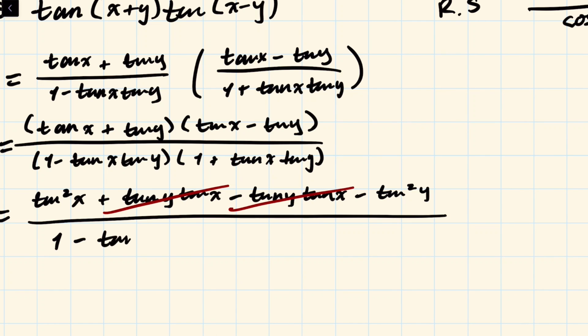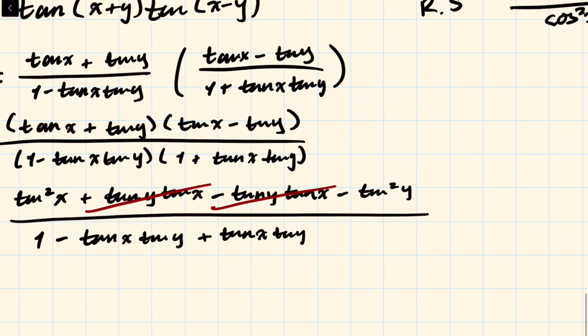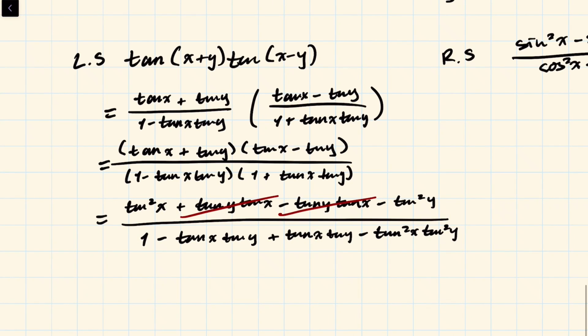minus tan x tan y plus tan x tan y. And then we will have minus tan squared x tan squared y.